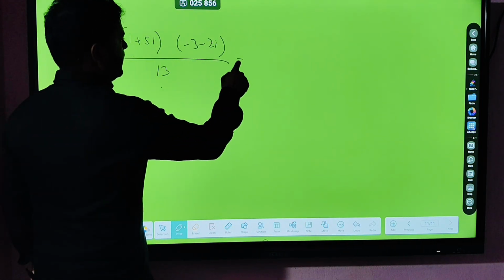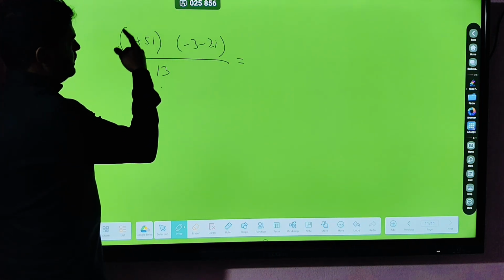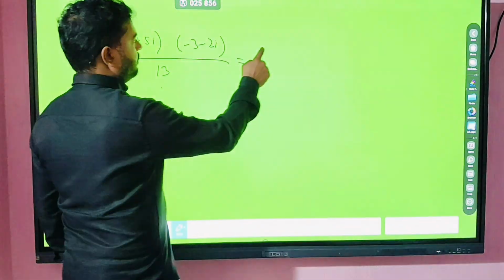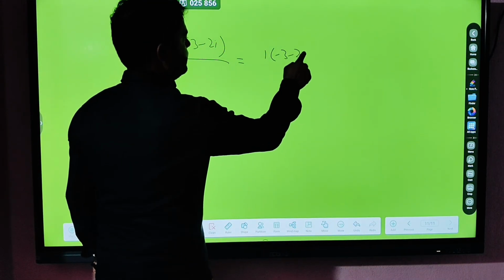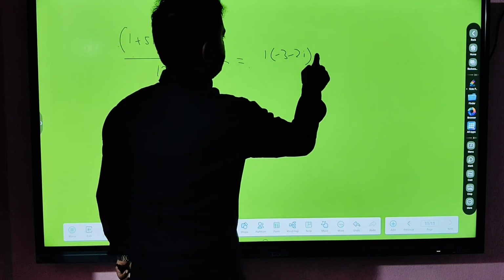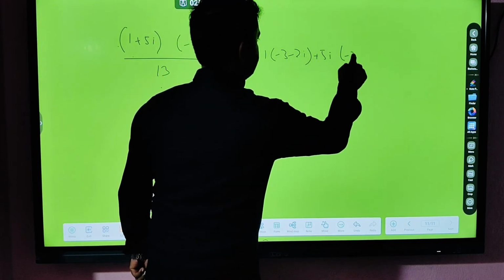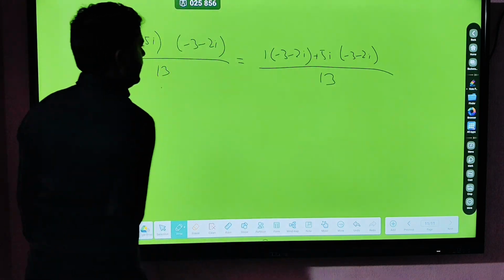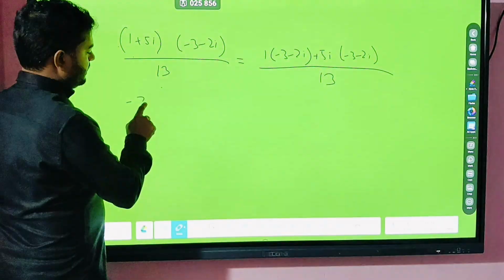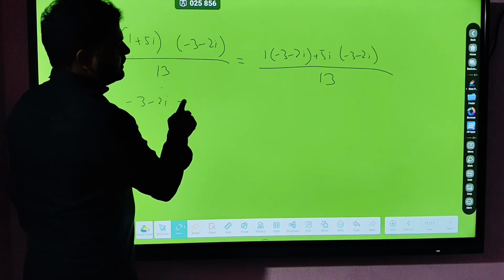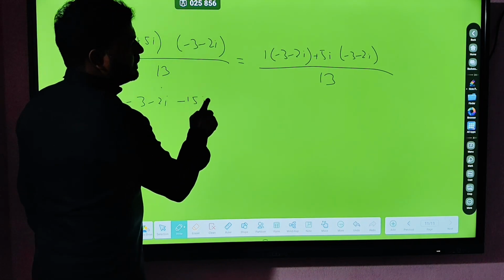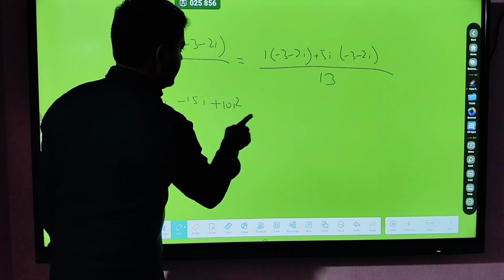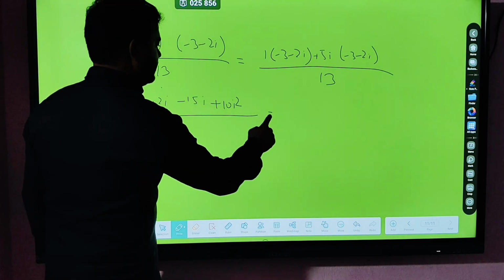Okay, and now we can multiply this using the distributive method. So 1 into minus 3 minus 2 iota and plus 5 iota into minus 3 minus 2 iota, and this 13 will be as it is. So 1 into any number is that number, and this is going to be minus 15 iota plus 5 into 2 is 10 iota square divided by 13.